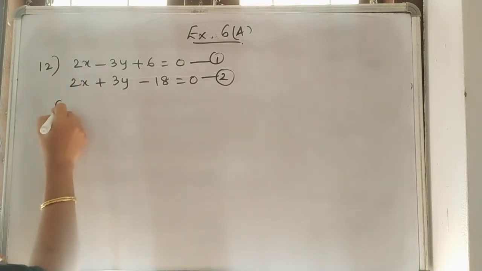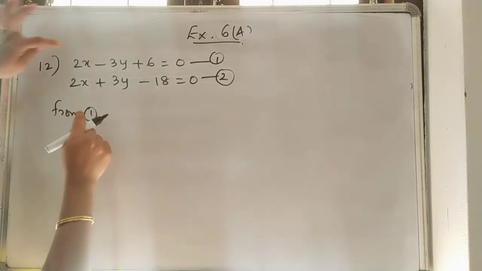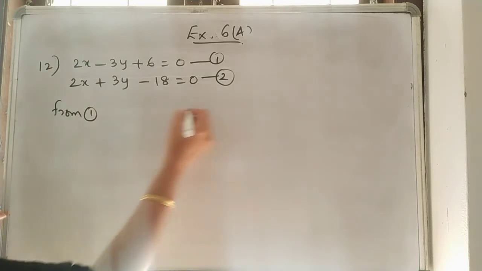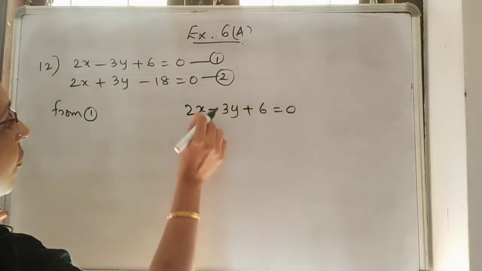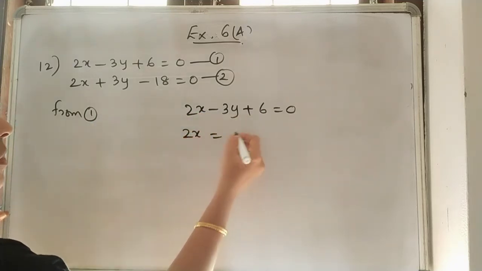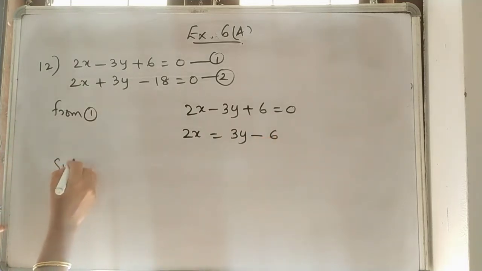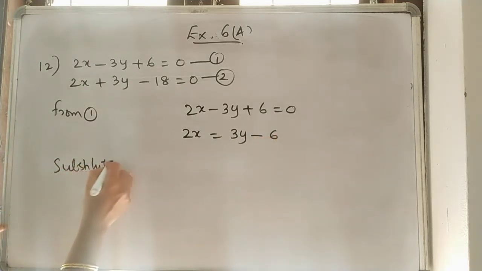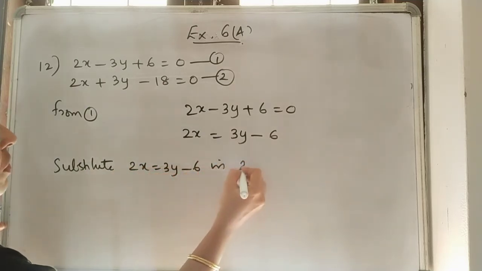What is equation number 1? That is 2x minus 3y plus 6 is equal to 0. From equation number 1, 2x will be 3y minus 6. Substitute 2x is equal to 3y minus 6 in equation number 2.